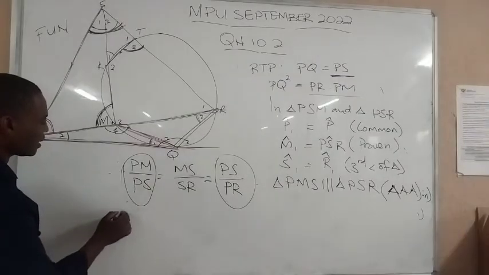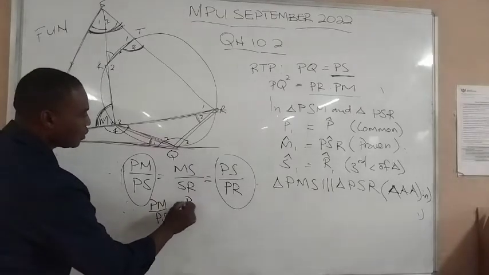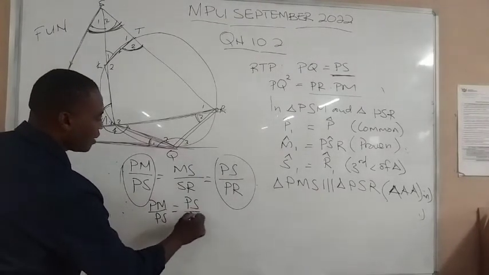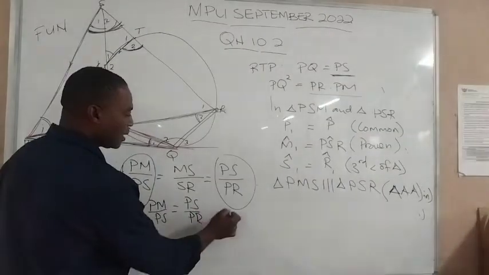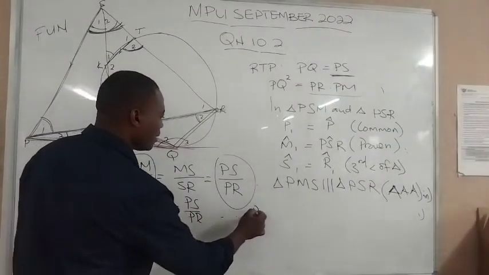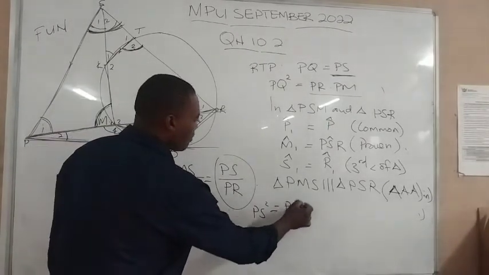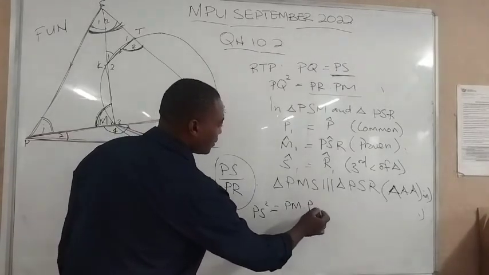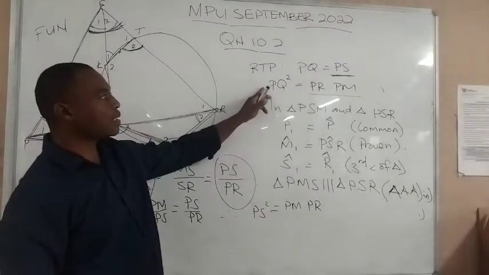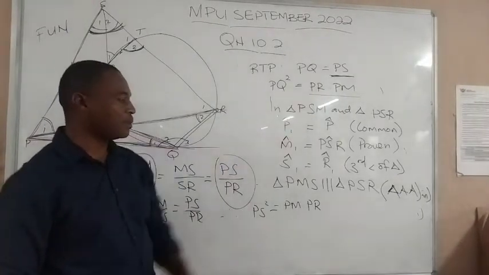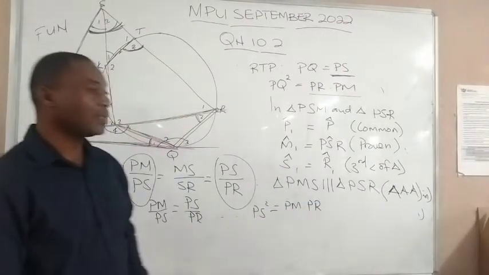So we are saying, therefore, PM over PS is equal to PS over PR. Now when we cross multiply, therefore, PS squared is equal to PM times PR. Here we have said PQ squared is equal to PR times PM, and here we are saying PS squared is equal to PM times PR.